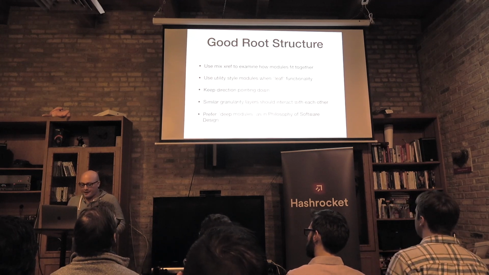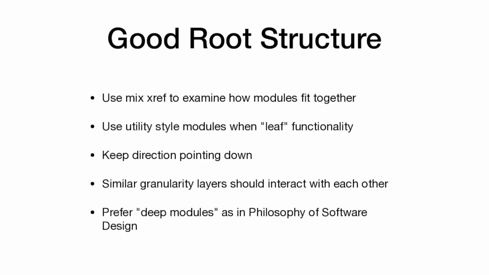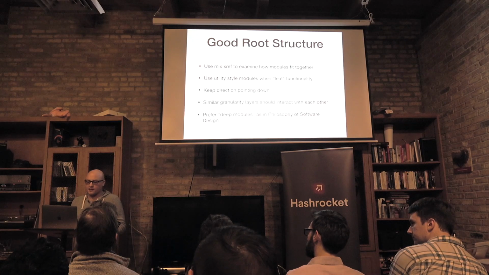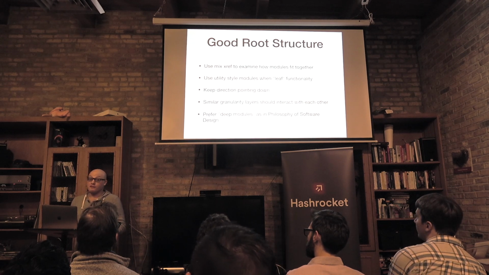I find that utility modules are really useful for leaf classes and leaf modules, when it's the end of the line and the only thing they're calling into is the standard library. I find that shoving those into some sort of util or helper class is good. That can obviously be abused.